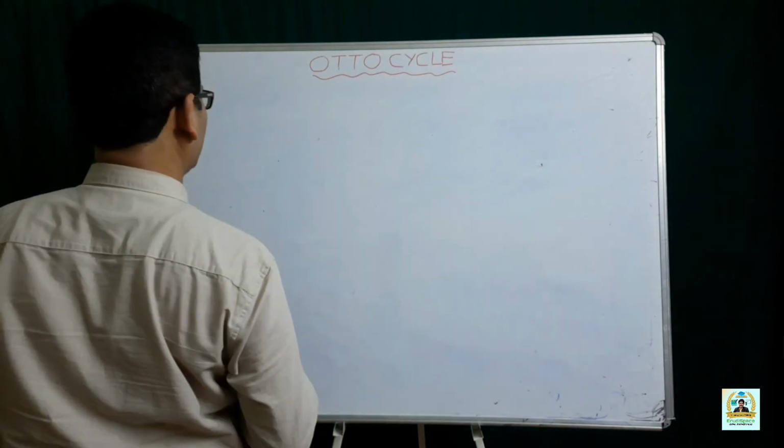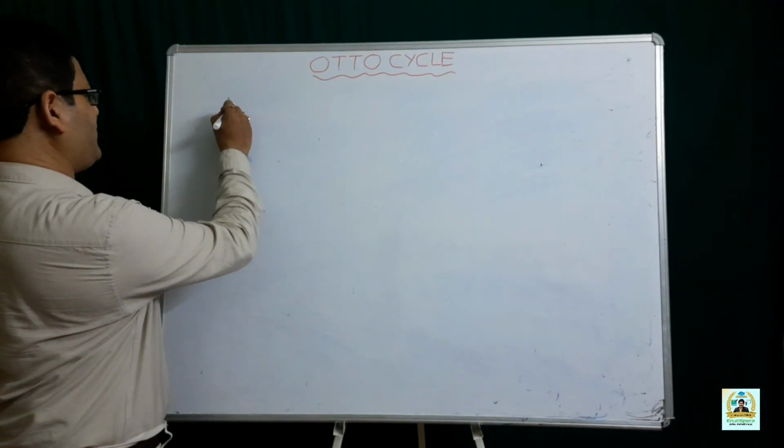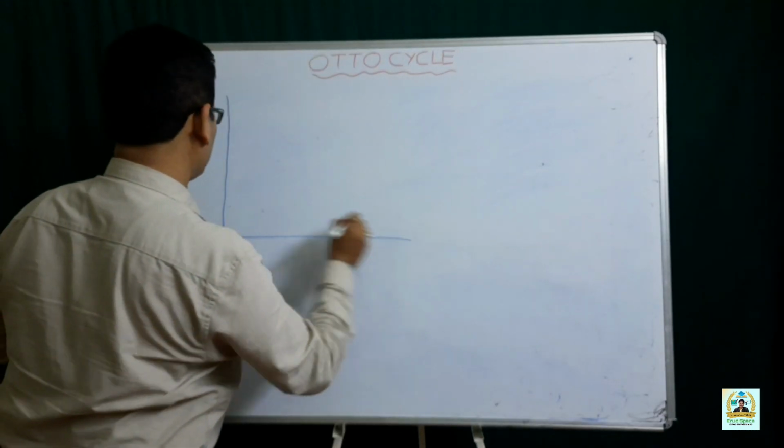The mechanical cycle consists of 6 processes.